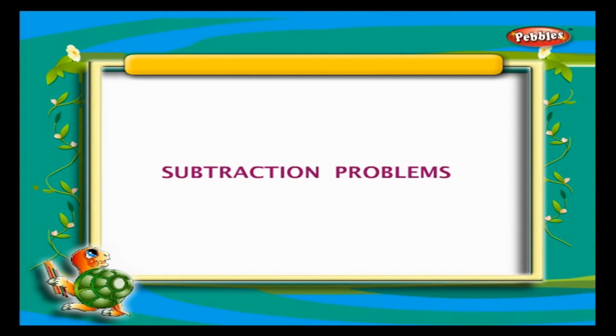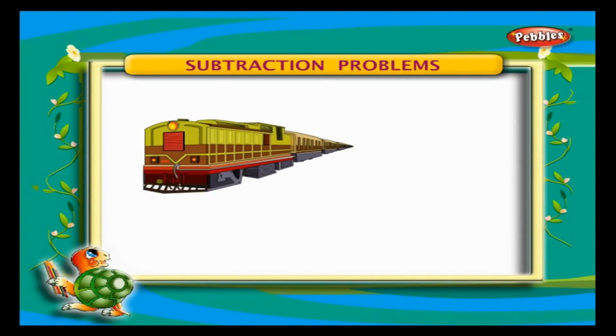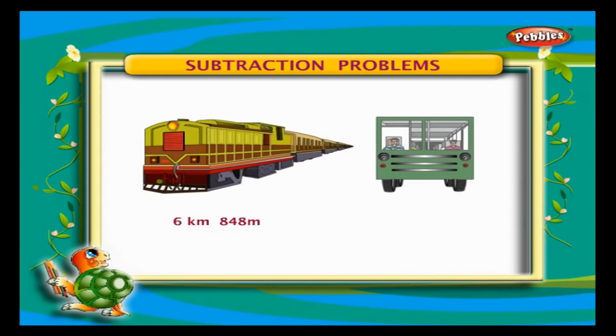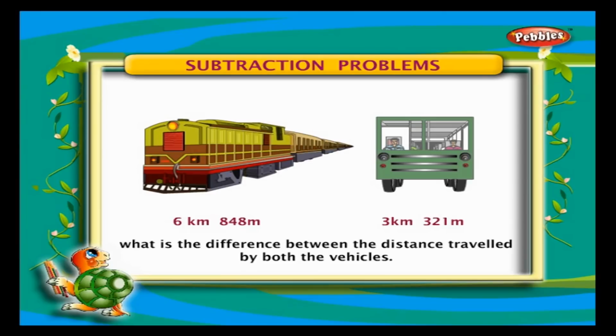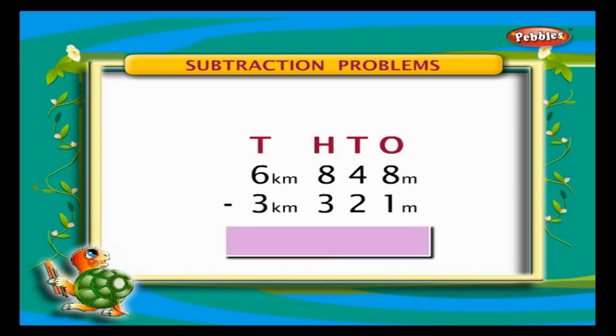Subtraction problems. A train travels a distance of 6 kilometers and 848 meters and a bus travels a distance of 3 kilometers and 321 meters. What is the difference between the distances traveled by both the vehicles? Arrange them in columns. Subtracting ones, we get 7.